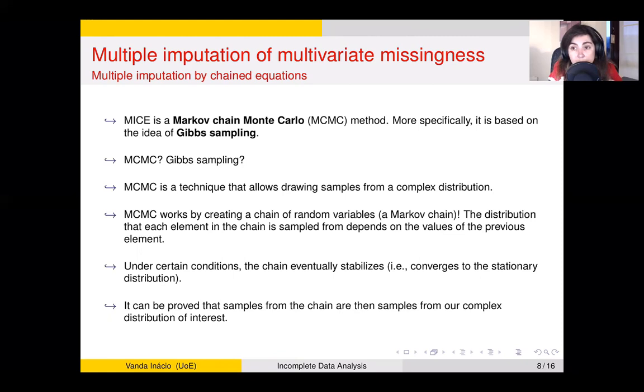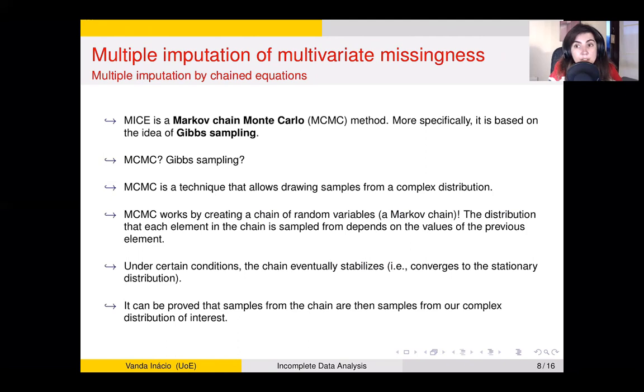You can see now the parallel to what mice is doing, right? Because we have several variables, and we are sampling or imputing. To impute, we are sampling from our univariate imputation regression models, and we have just seen it depends on the values of the other variables, and it is done in a sequential manner.